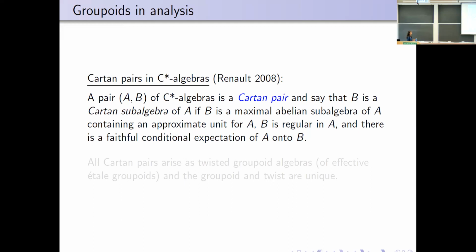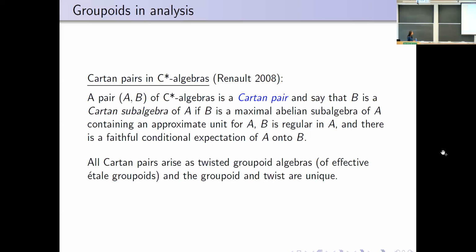This simply means that B is a maximal abelian subalgebra of the larger algebra A, and moreover, B contains an approximate identity of A. And then I say the subalgebra B is regular in A. This is the same as saying that the normalizer of B generates the whole big algebra A. This is what we saw in the morning. And moreover, of course, there is a faithful conditional expectation from A onto the subalgebra B. That's just what I've been repeating.